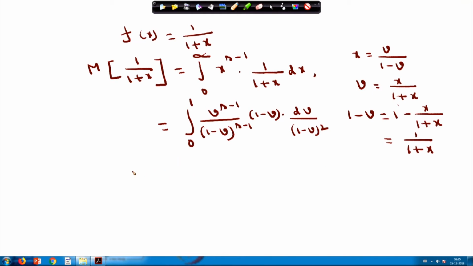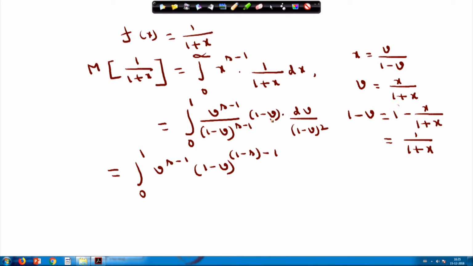Once I am getting this, you can write down the integral from 0 to 1 of v to the power s minus 1 into 1 minus v to the power 1 minus s minus 1, because in the denominator 1 minus v to the power s minus 1 appears.